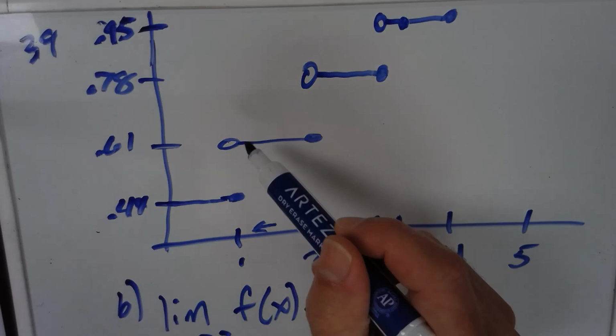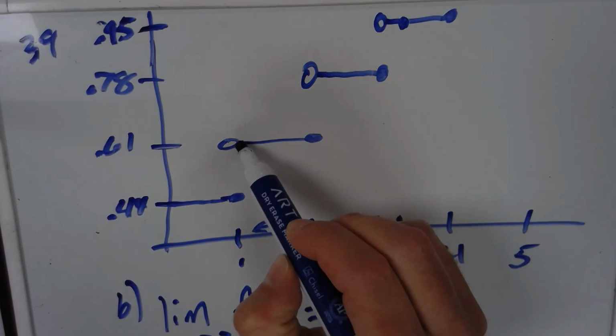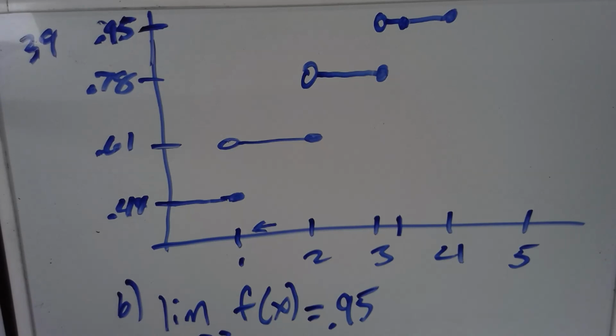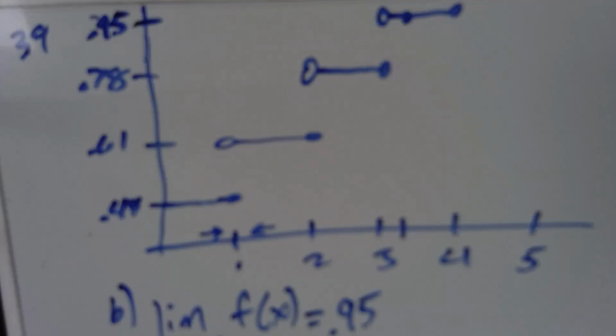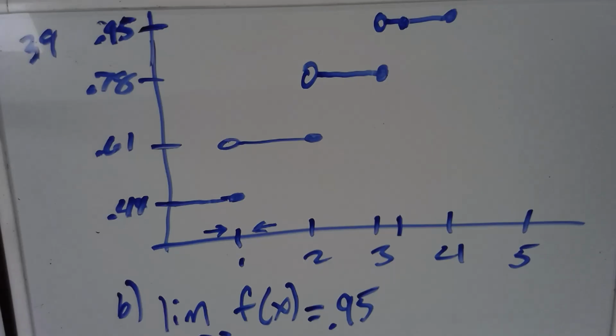What about from the left? 0.44. So what does that tell you about just the limit? This isn't part of your question, but the limit at 1 does not exist. Does the limit at 4 exist? No, because it's going to keep repeating this as we go, right? Is that okay? All right, wonderful. Anything else from that work?